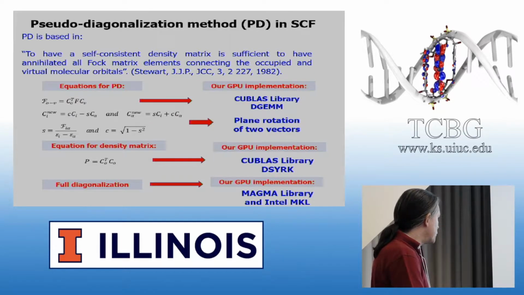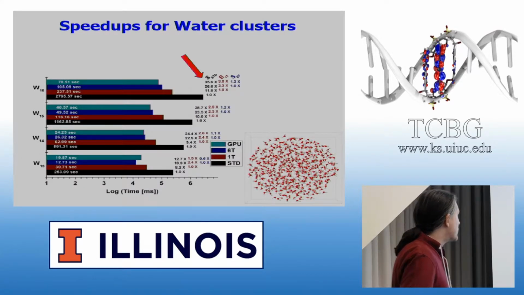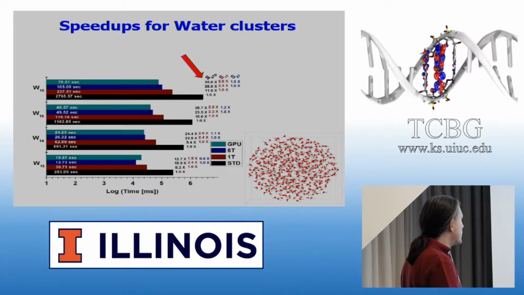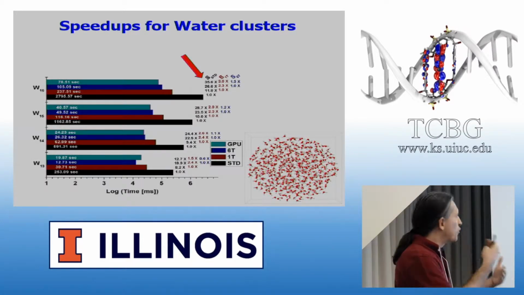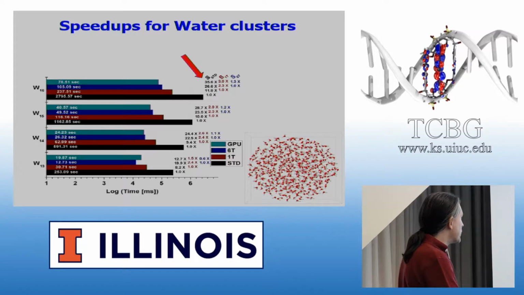And for the full diagonalization, we use the MAGMA library and Intel MKL for the CPU version. And if we compare the performance to the legacy code of MOPAC, you get some improvement, some speed up.